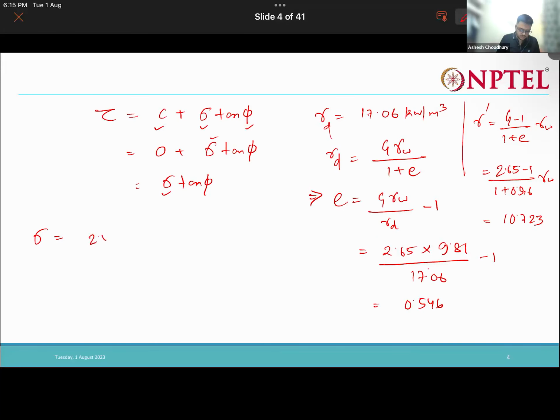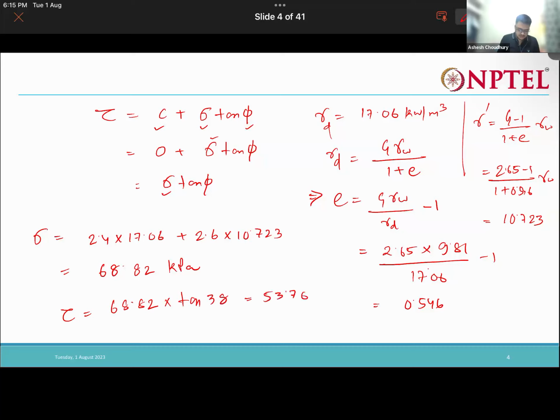So this will be 2.4 into the dry unit weight plus 2.6 into the submerged. This will come out as 68.2. So finally, shear strength comes up as 68.2 into tan 38, which is 53.6. Right.